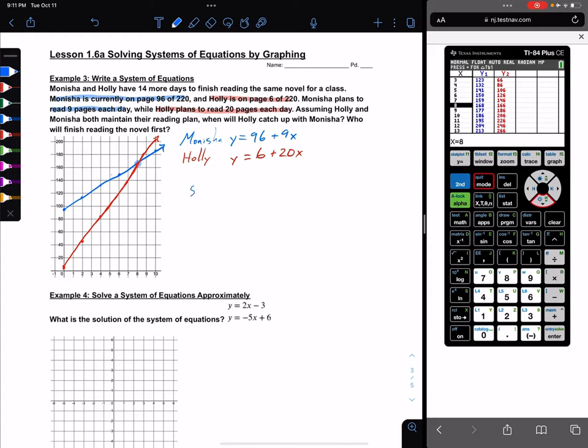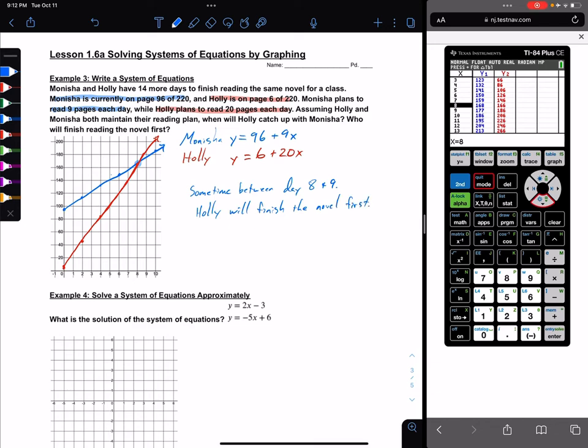We could say sometime between day 8 and 9. Who will finish reading the novel first? Well, in this case, Holly will finish first. Once she gets ahead before they hit the 220 pages, Holly will finish the novel first.